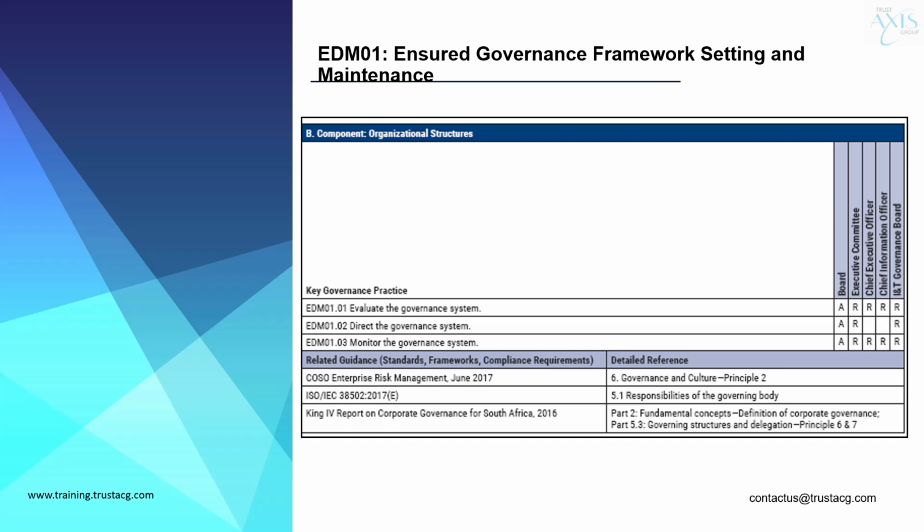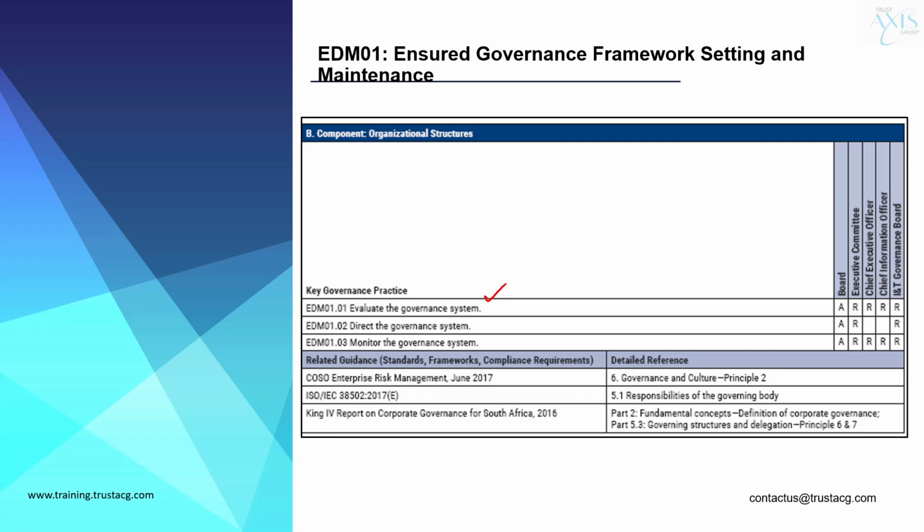The first one concerned evaluation of the governance system. That involved assessing how well the existing governance framework supports enterprise goals. It includes evaluating the principles, structures, and processes that are in place, and identifying whether they are effective, efficient, and aligned with the objectives of the business.